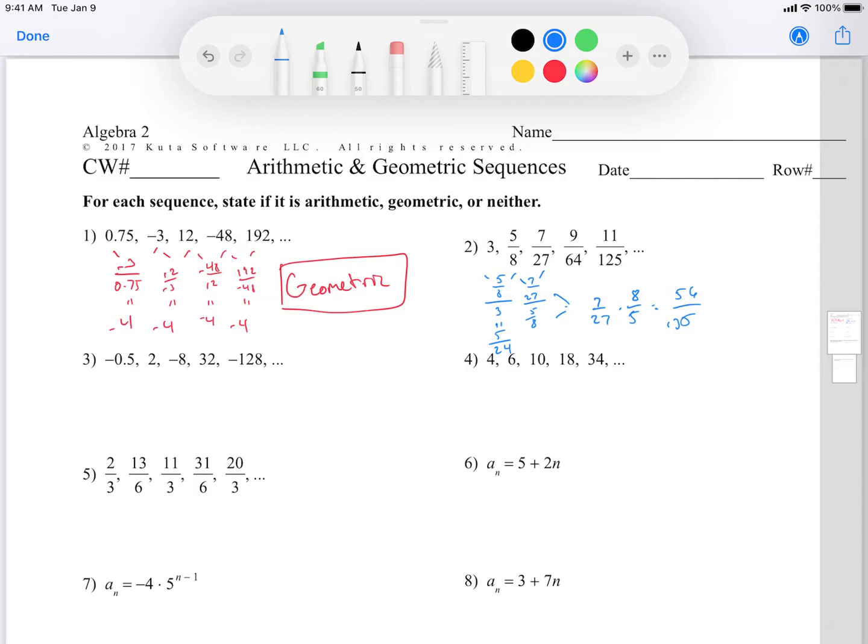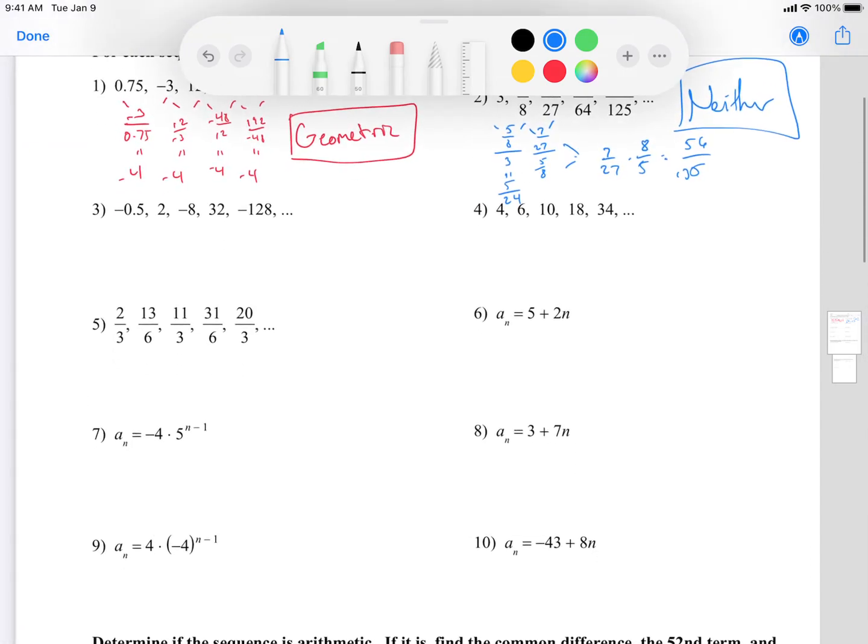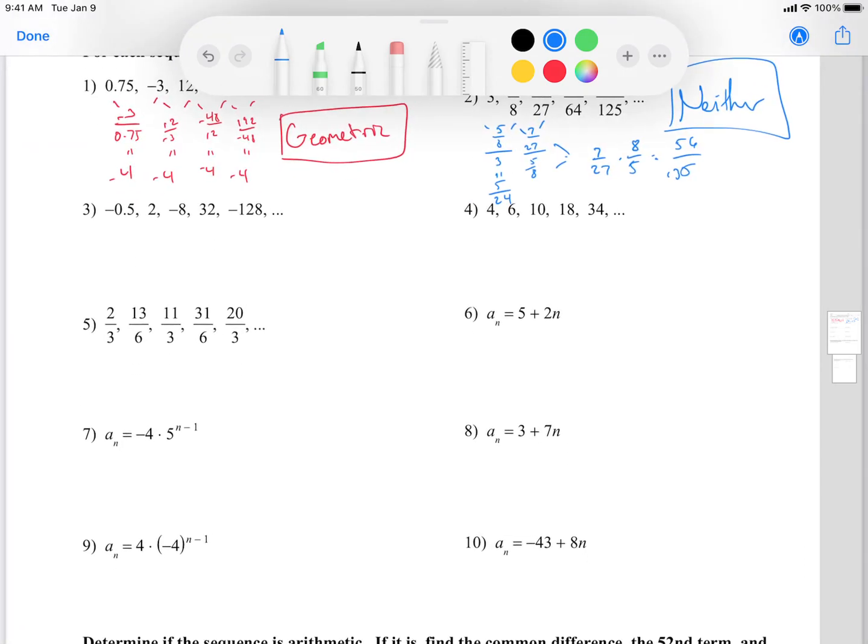It doesn't really look like it's super simplifiable. Let's see, 56 divided by 7. I can't find a common ratio between those two. So essentially what we've just shown is that this is actually neither.